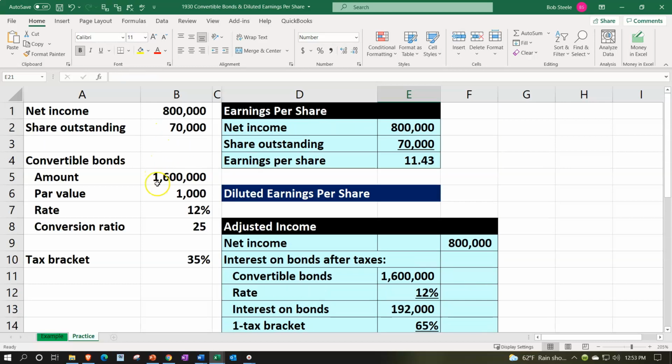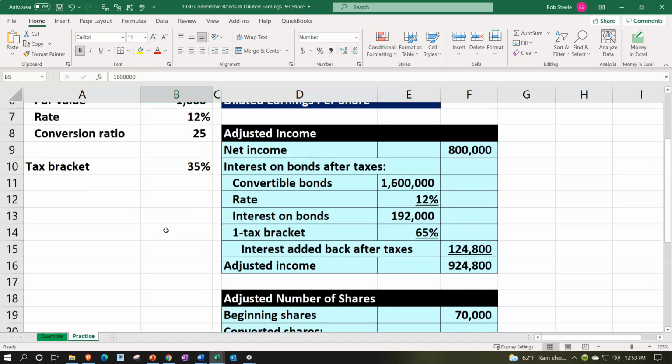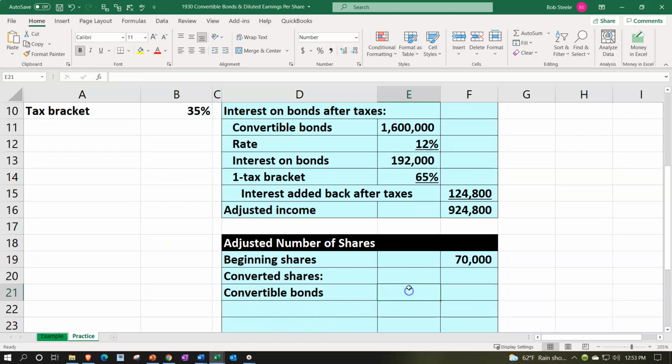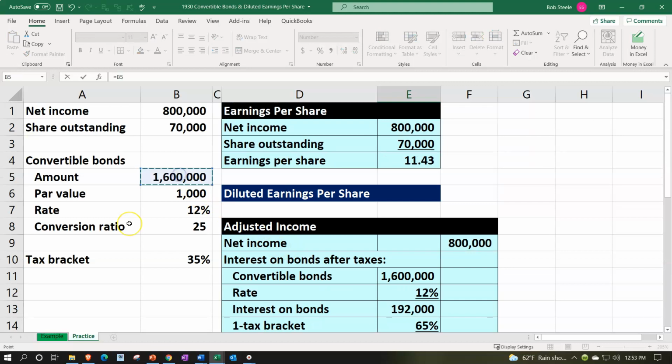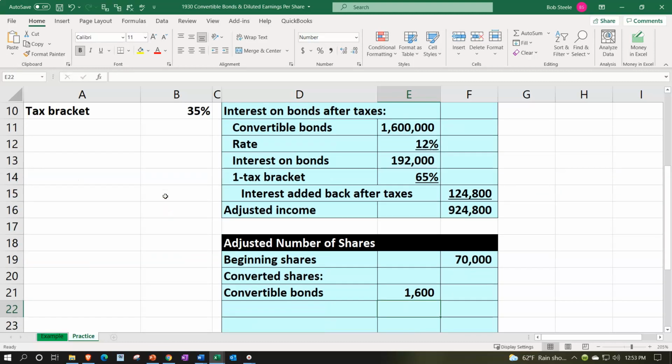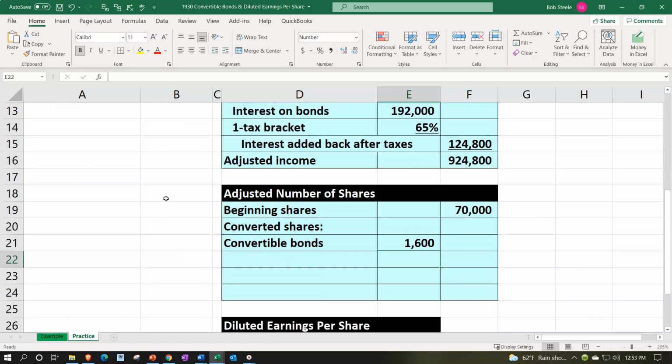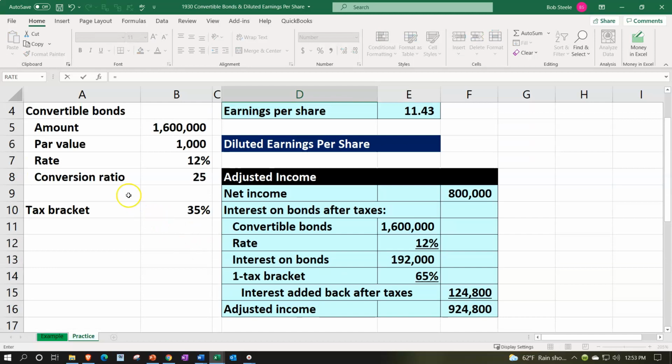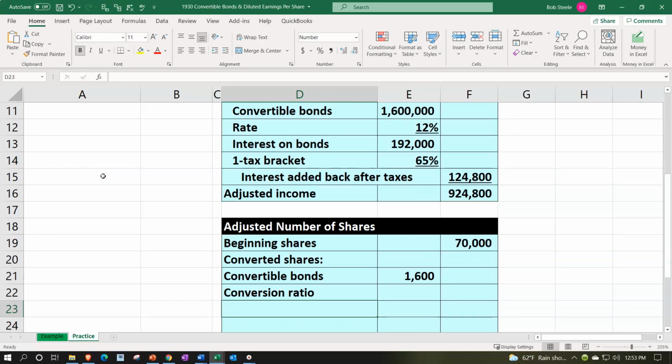We have convertible bonds. Now, they didn't give us the amount of convertible bonds, but we know that there's a par value of the 1,000, and we know the amount of total bonds is 1,600,000, so we can divide those two out to get the number of bonds that are out there, which is going to be 1,600,000 divided by 1,000. That would mean that there's 1,600 bonds out there, and they can be converted given the conversion ratio to 25 shares of stock.